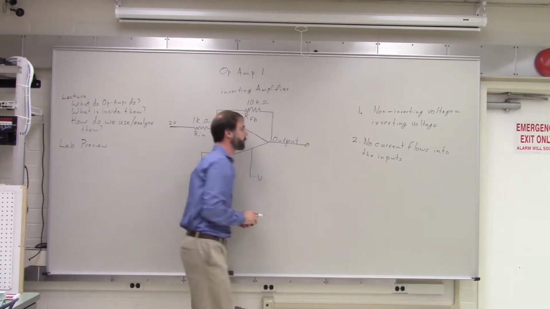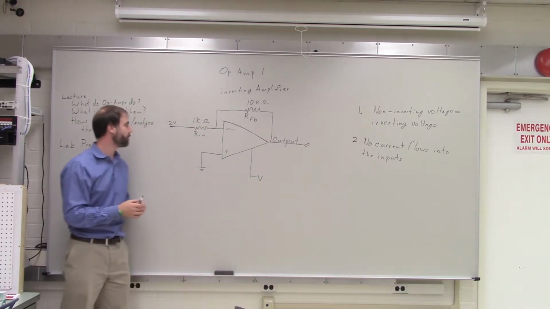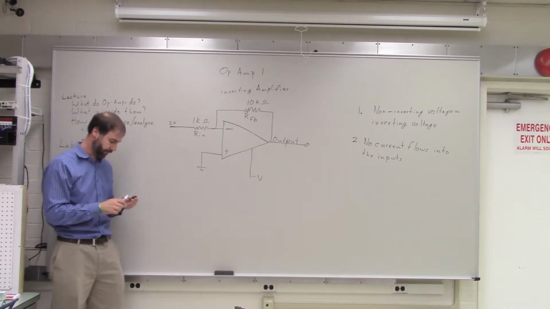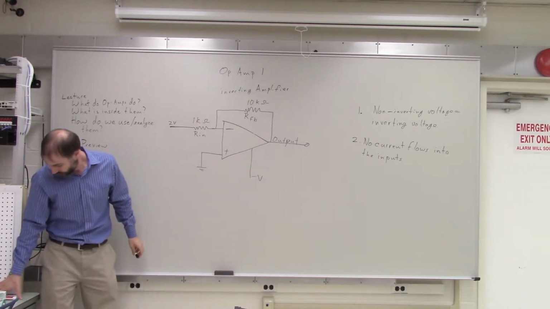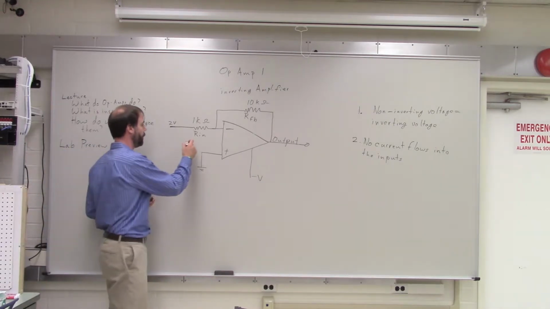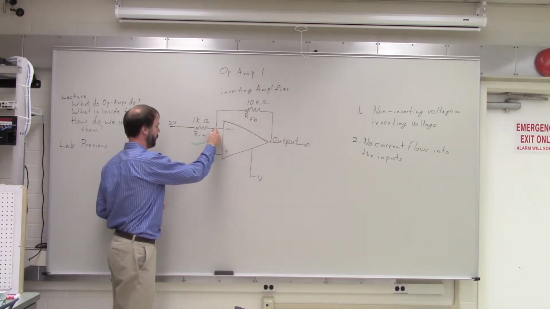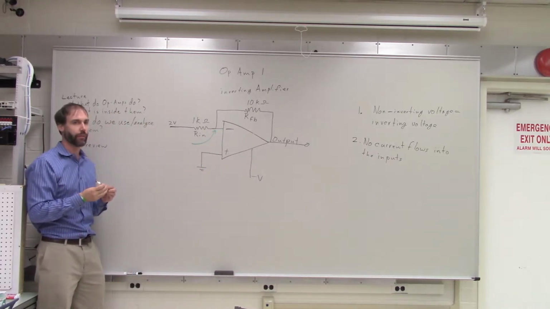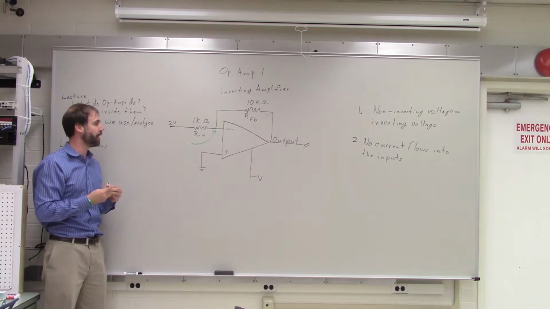Okay? So we know that we have 2 volts here. We can use rule number 1 to tell us what the voltage is going to be right here at our inverting input. Right? What would that voltage be right there?